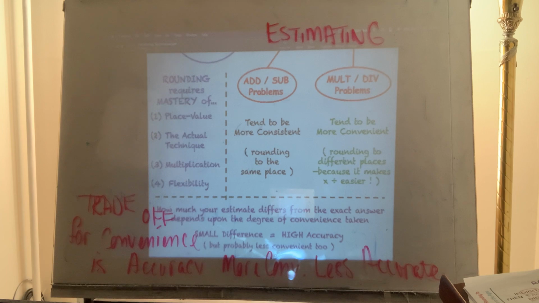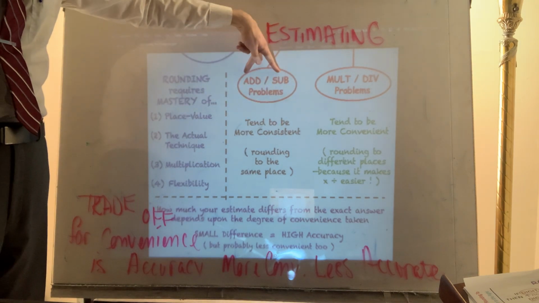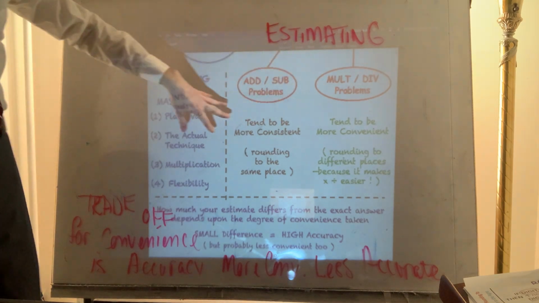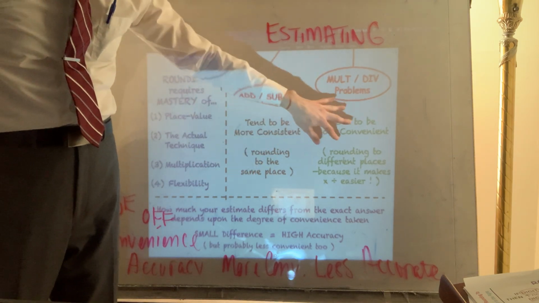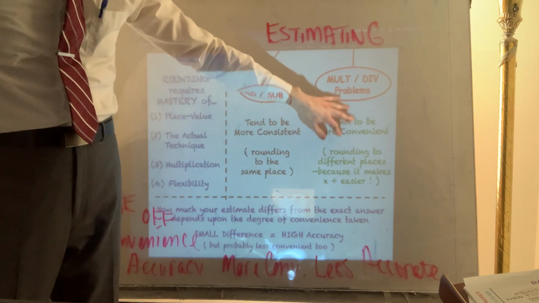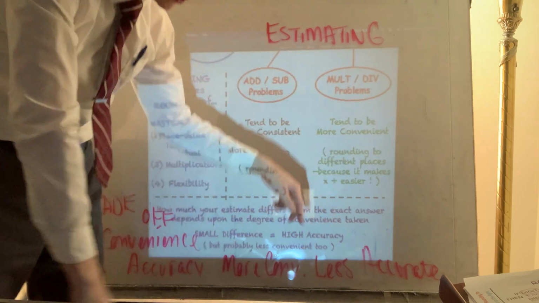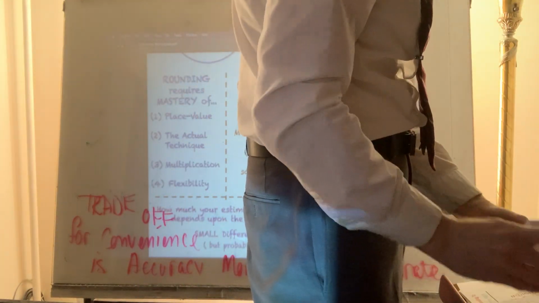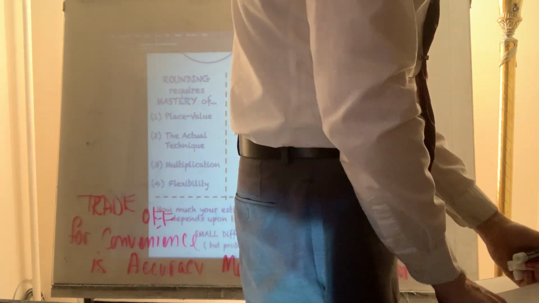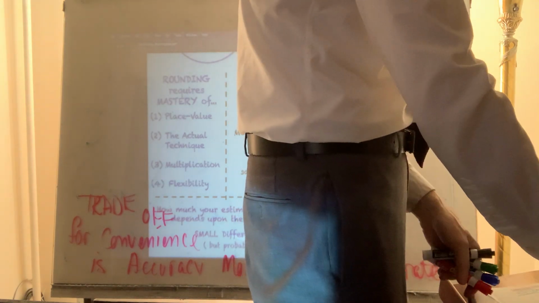Anyhow, this is an overview of what we're going to do for adding, subtracting, multiplying and dividing. We're going to be more consistent in the case of adding or subtracting. We're going to be more convenient, making it easier on ourselves, when we're multiplying or dividing. Now, how you actually round stuff. Take a look at this page, as I tried to summarize.